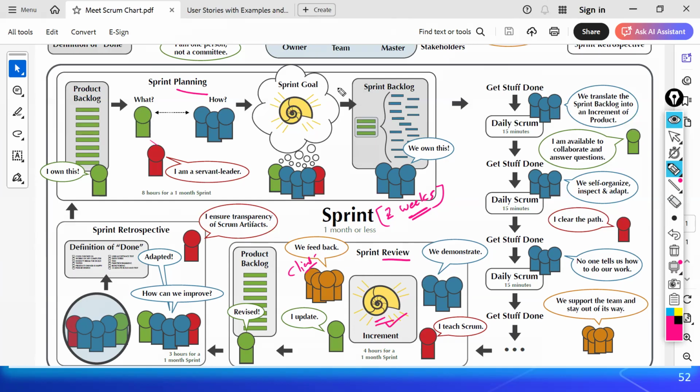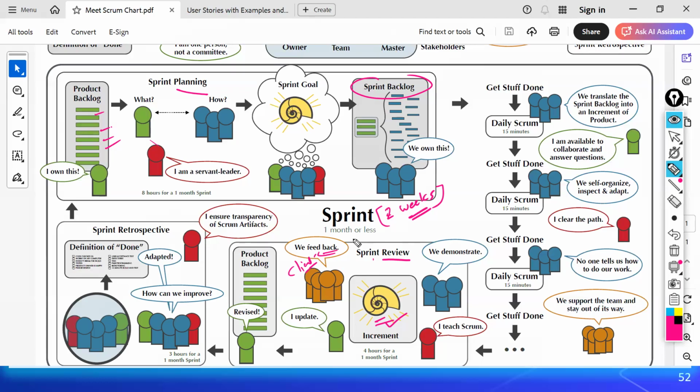We started with the sprint backlog, picking up items from there, and the sprint backlog is what we follow in this whole sprint. So the increment gets verified by the customer. That is what your sprint review is.